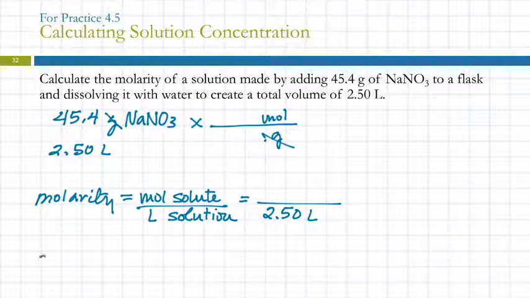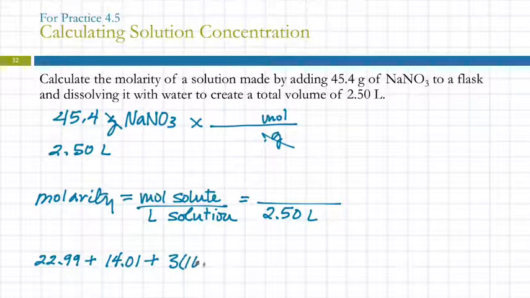So there is one sodium, 22.99, and I've got one nitrogen, 14.01, and 3 oxygens. That adds up to 85. How many sig figs does that number have? Should have 4, right?